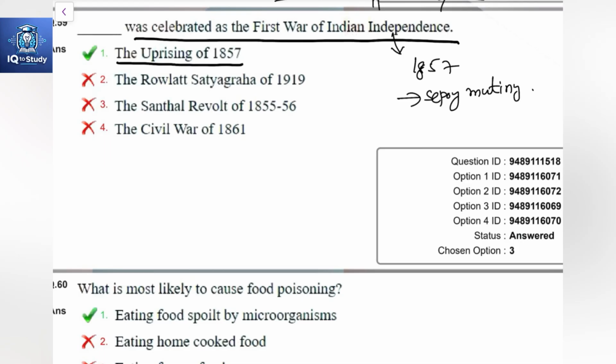And it was called the First War of Indian Independence by V.D. Savarkar. And Lord Canning was Governor General of India at that time.